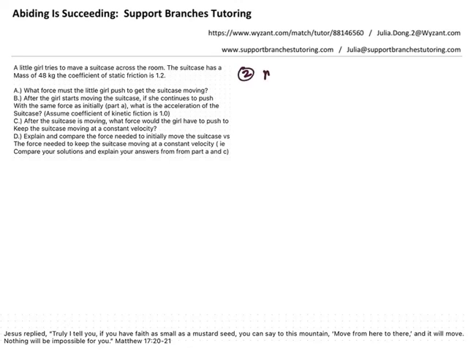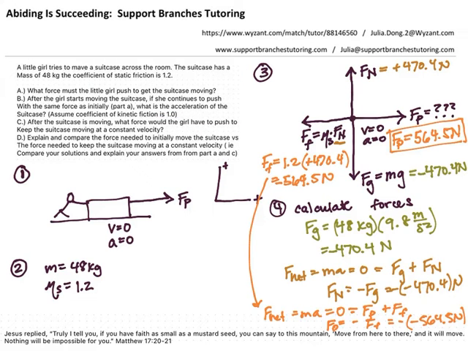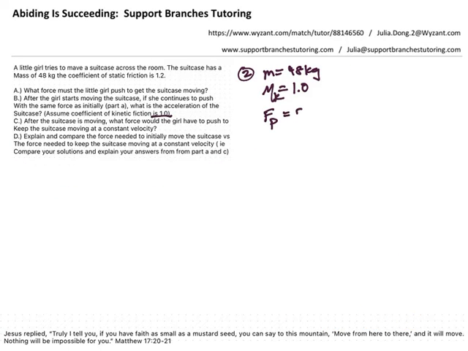We know that the mass was 48 kilograms. The coefficient of friction here, it gives us as kinetic being 1.0. So I'm going to put a K there to denote that that's kinetic. And then we know that the force of the push that we just calculated in the other example was 564.5 newtons.